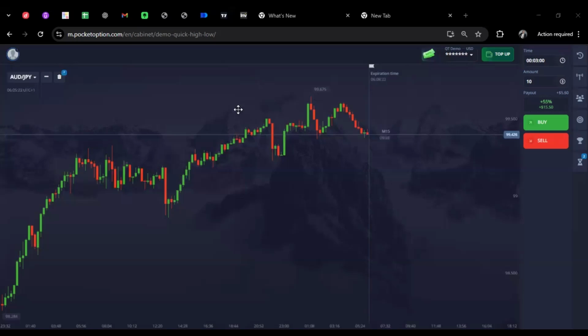an uptrend, but we can tell by the time we start doing our markups. So when you're faced with a situation like this, mark up your key levels.